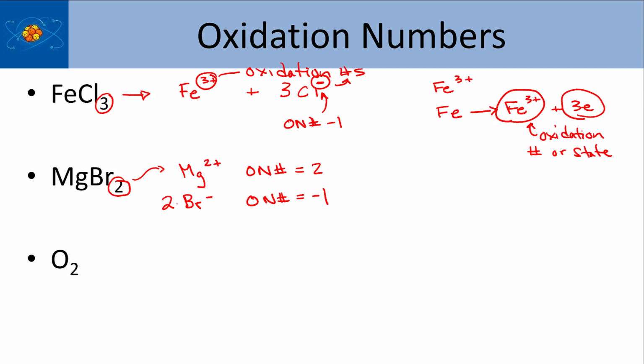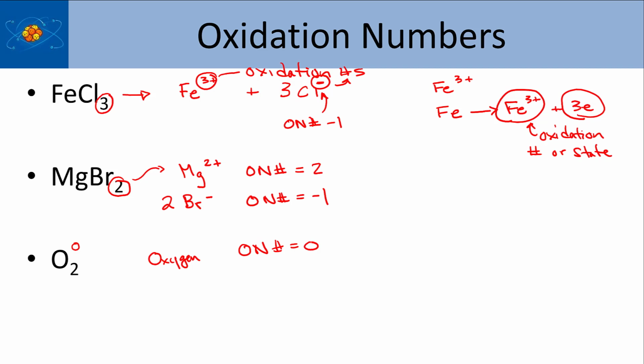Now, not everything has a negative or a positive oxidation number. Take, for example, O2. Overall, the charge is 0 in molecular oxygen. So that means the oxidation number for oxygen is 0, because no matter how you divide 0 by 2, you're going to get 0 for each.